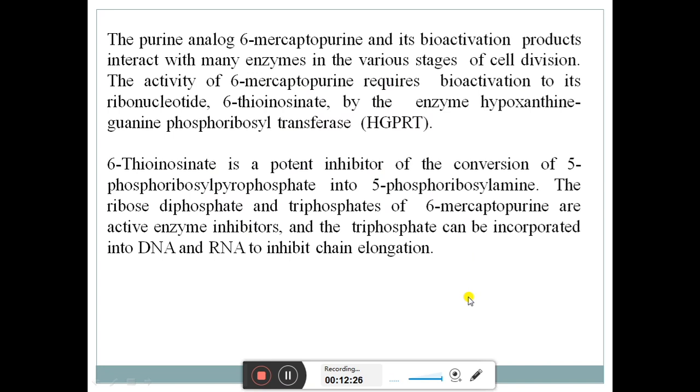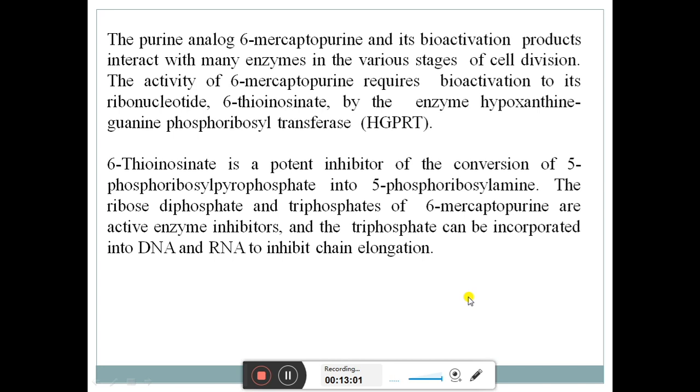So the purine analog is 6-mercaptopurine. Its bioactivation products interact with many of the enzymes at various stages in cell division.